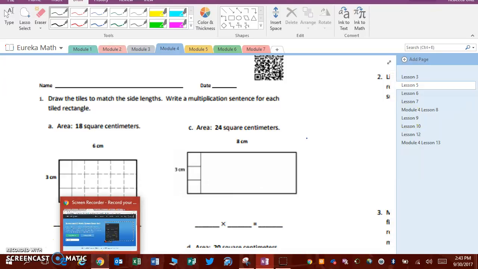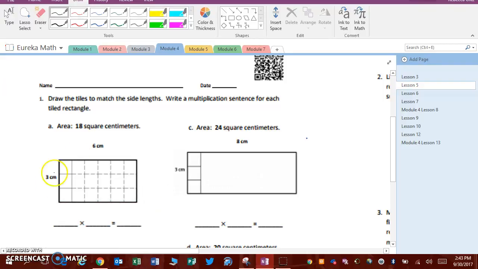Well, when we write our multiplication sentences, we always use this side length first, because that's our number of groups, right? 1, 2, 3, 3 rows. This number goes second. 3 times 6 equals 18. The total is our area. Okay? So multiplication and area are related.